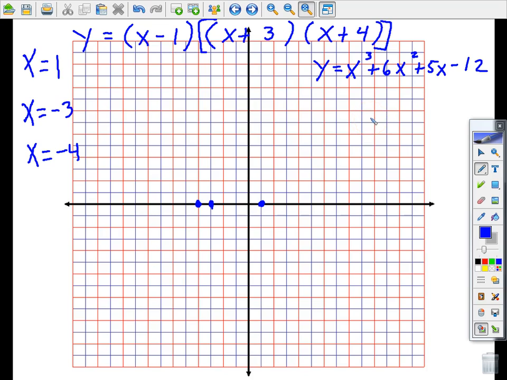Awesome. Any questions? So again, that's a review of what we did a couple of nights ago. Okay, so I've got this function, which was the factored form, which came from the zeros that I was given. And then we know how to take that and get to standard form, just multiply.